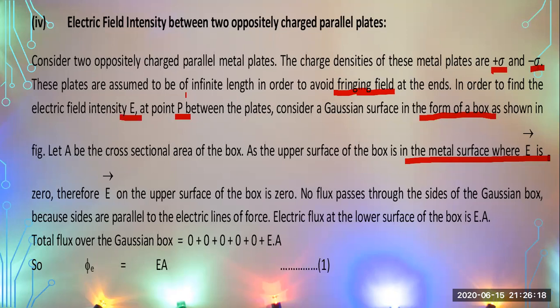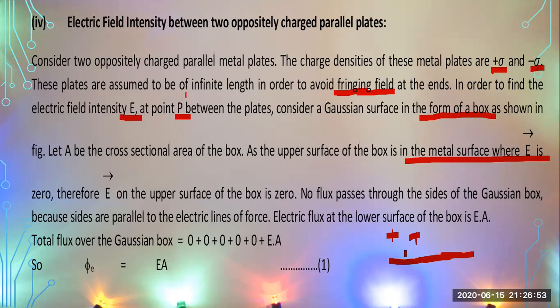Now, this is a box in which the upper surface is in the metal, where the electric intensity E is zero. Why it is zero inside a metal, we have already discussed, but I'm repeating. Whenever you place a metal inside an electric field, the field is applied on the charges inside the conductor.